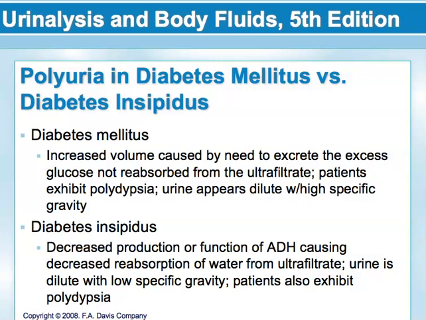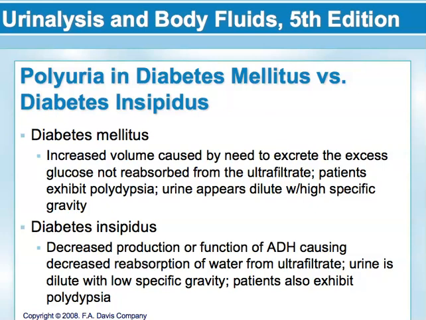With diabetes insipidus, this results from a decrease in the production or function of ADH, your antidiuretic hormone, so that the water necessary for adequate body hydration is not reabsorbed from the plasma filtrate. In this case, urine is truly dilute and will also have a low specific gravity.